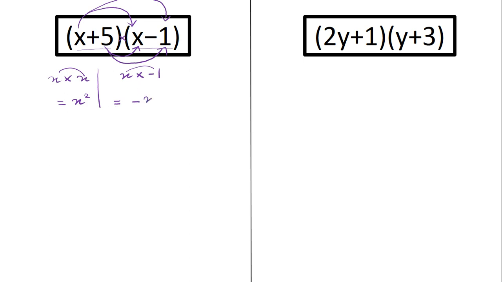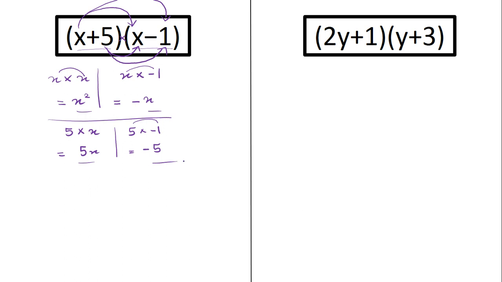So I have minus x. Then the next part I have 5 times the x. So 5 times x just gives me 5x. And then 5 times minus 1. So 5 times 1 is just 5 and there's a negative sign there. So I'm going to write minus 5.